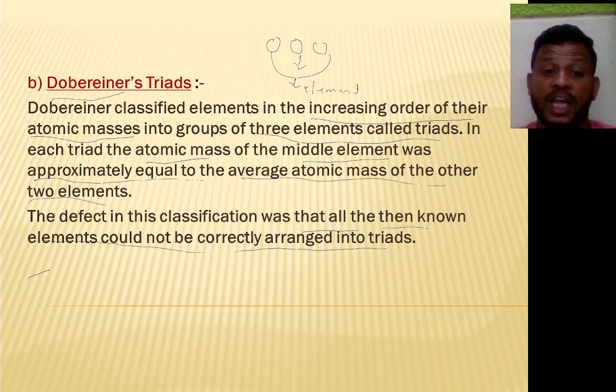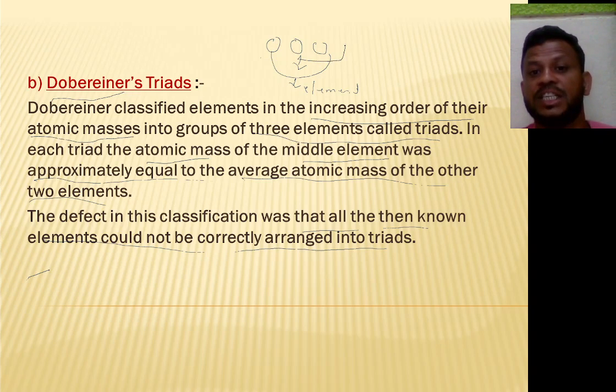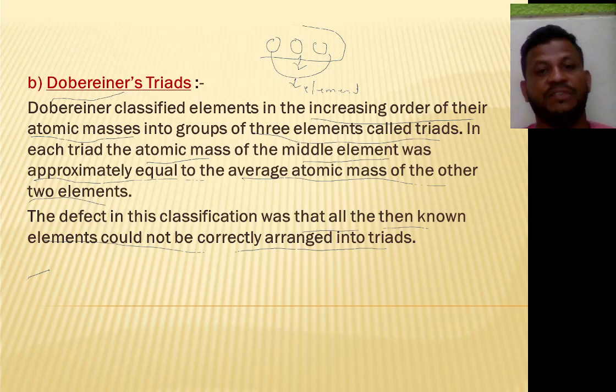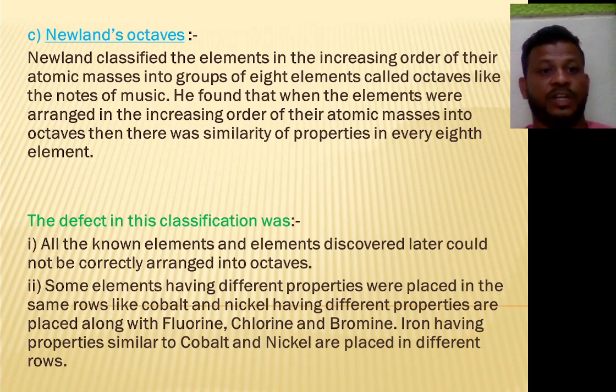It means at that time the known elements could not be classified in the form of increasing atomic masses. That's why Döbereiner's triads failed in the classification of elements. Let us see the next point, that is Newlands' octave.